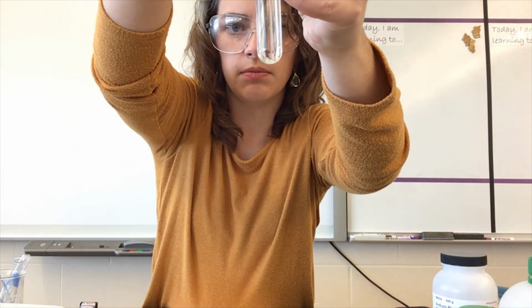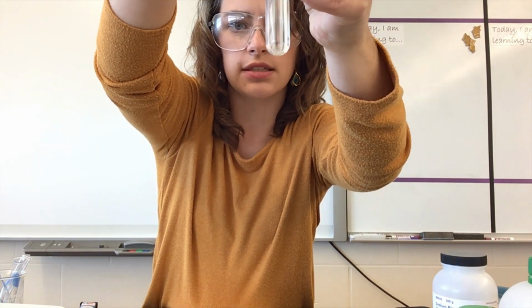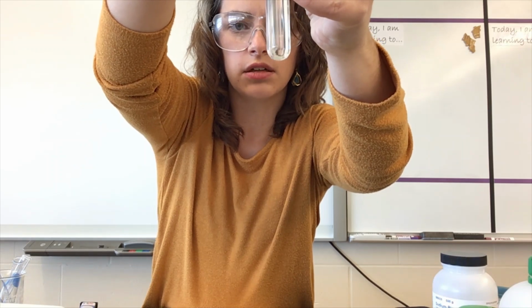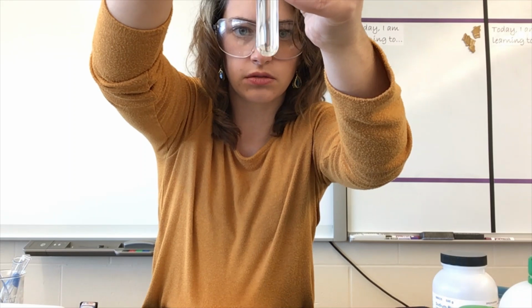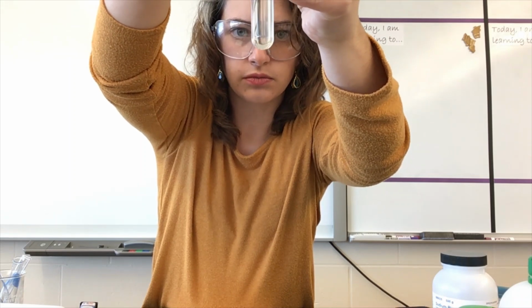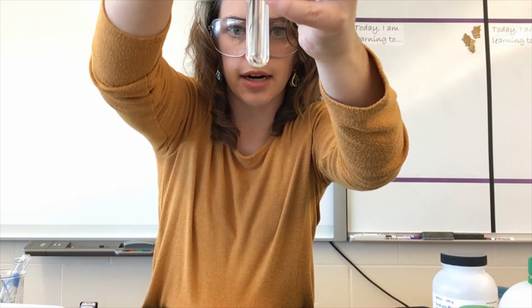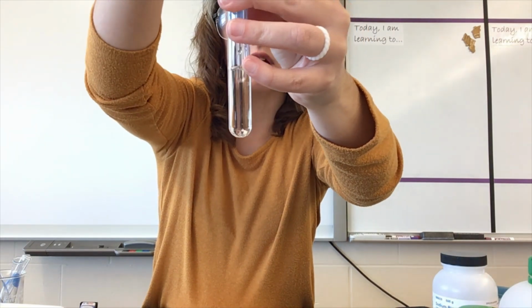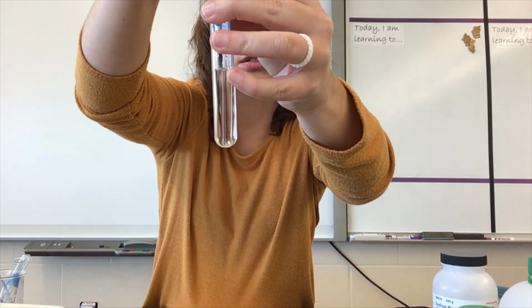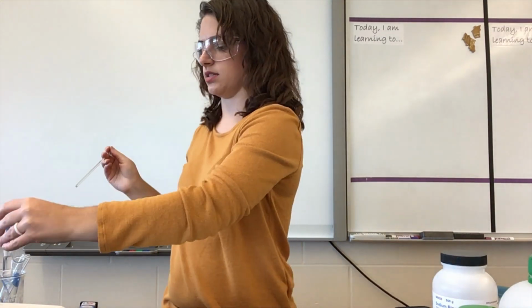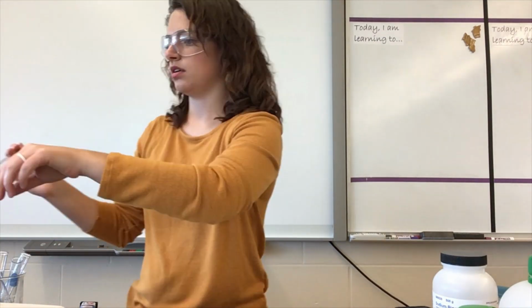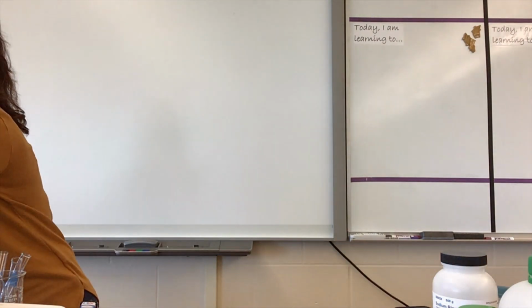So it's dissolving, maybe not quite as quickly as the calcium chloride did, but it is dissolving, so we are going to say that it's soluble. There's the last little bit in the bottom. So urea is soluble, so you can look at it. It's all dissolved into the solution. There's no solid left. Okay, I'm gonna set that off to the side. Give my stir rod a rinse.